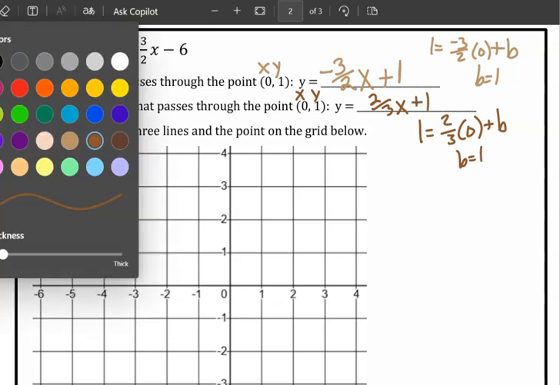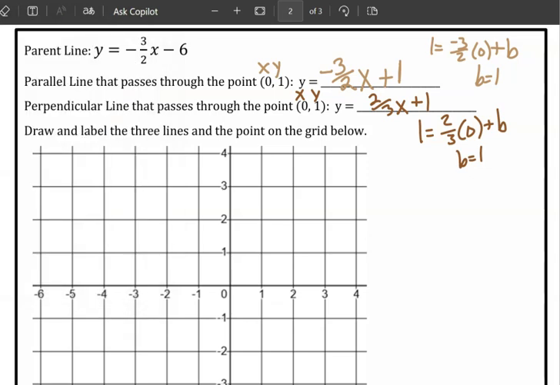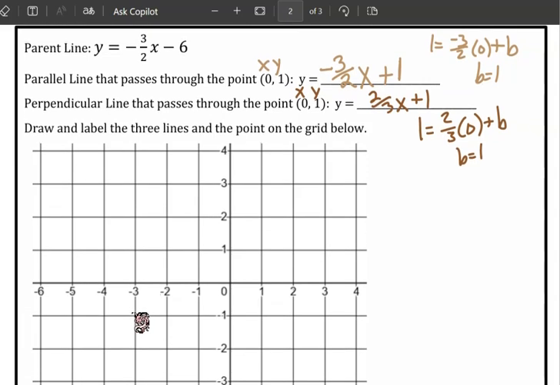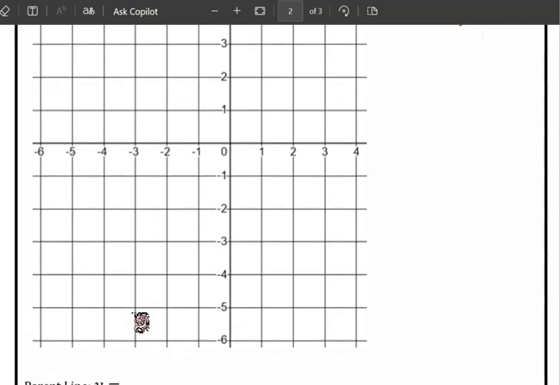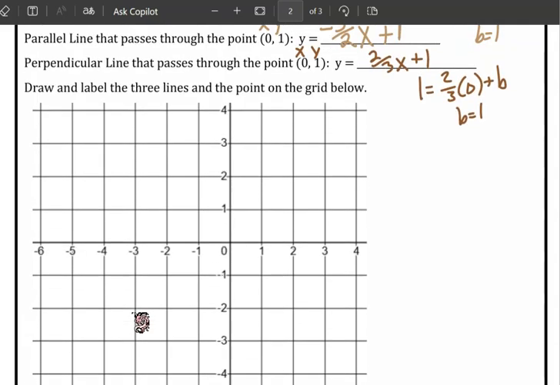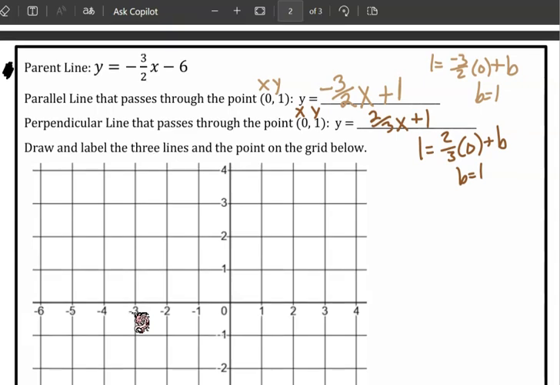We want to draw and label the 3 lines and the point on the grid below. Let's draw the parent line first. The y-intercept is -6, and the slope is rise 3, run 2.